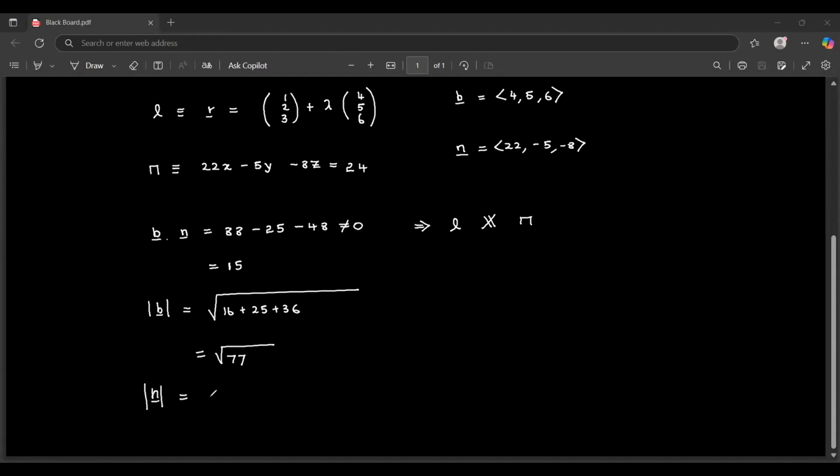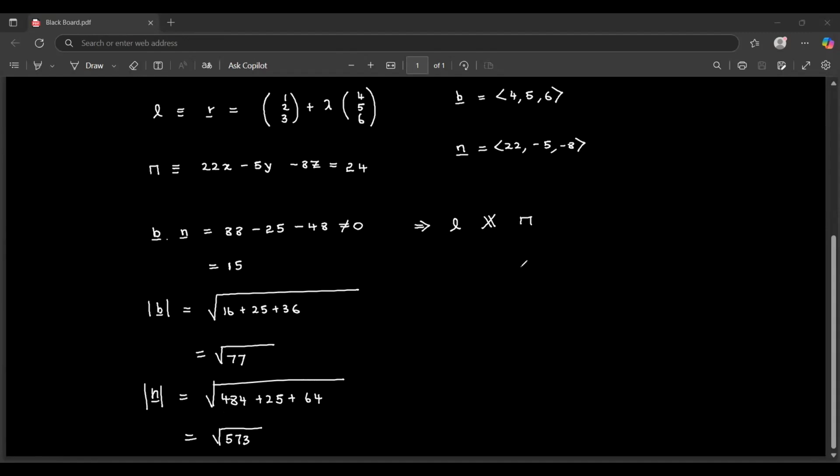The modulus of n equals the square root of 22 squared, which is 484, plus 25 plus 64. 25 plus 64 is 89, so 484 plus 89 gives 573. Square root of 573.